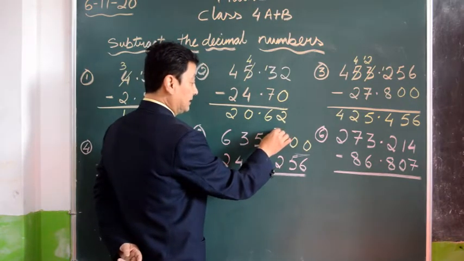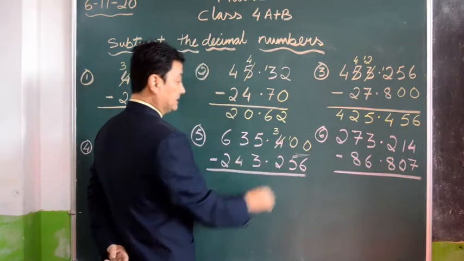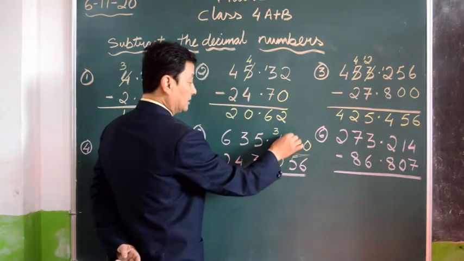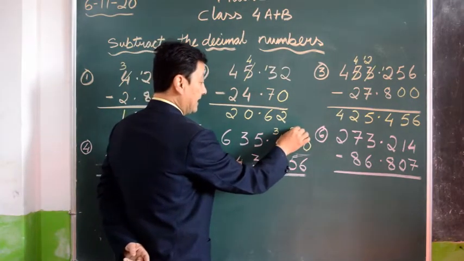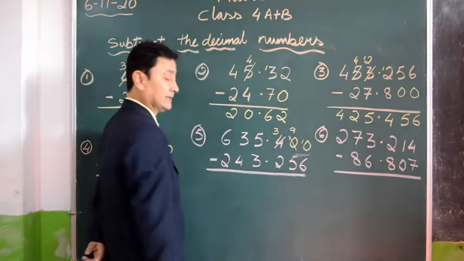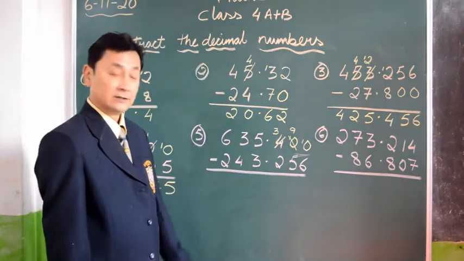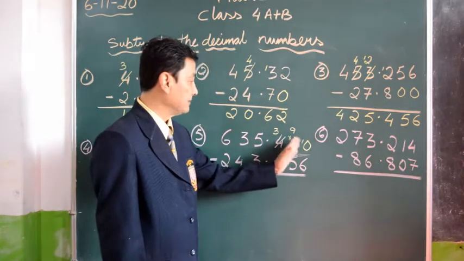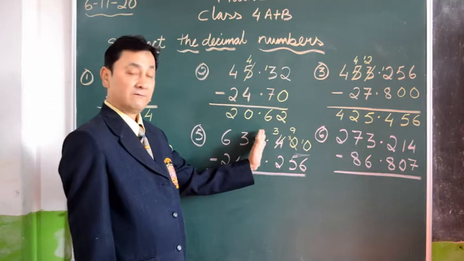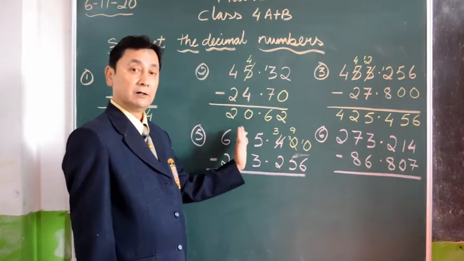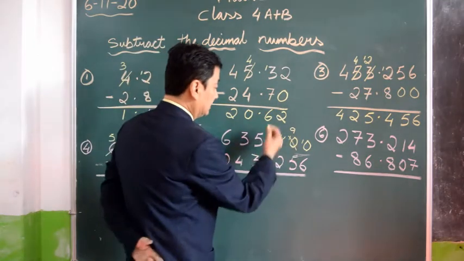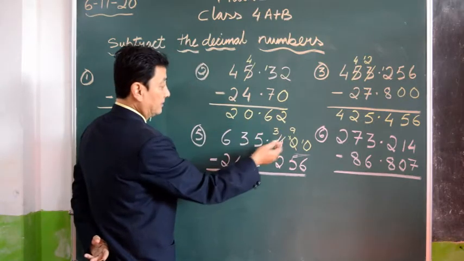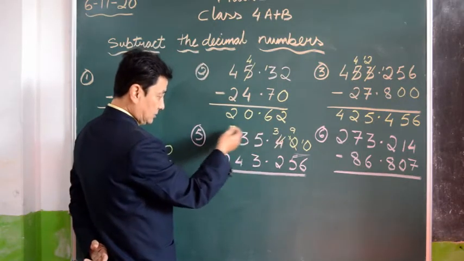This becomes 3, this becomes 10. The other one needs it also now. This becomes 9 and this becomes 10. When you need to borrow and the next number is smaller, you must borrow from the other number.